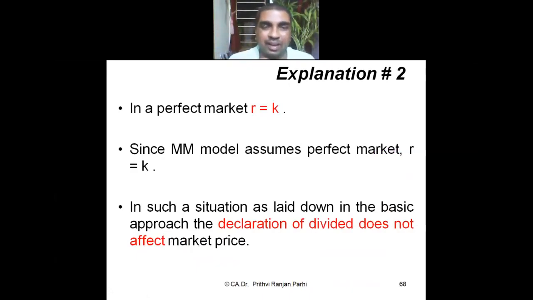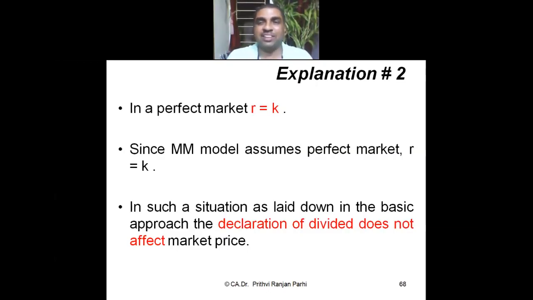Another way of understanding the theory, in a very simple way, is that this theory assumes the market is perfect, is it not? And try to understand that in the perfect market, R is always equal to K. When R is always equal to K, any kind of dividend will not affect the share price.